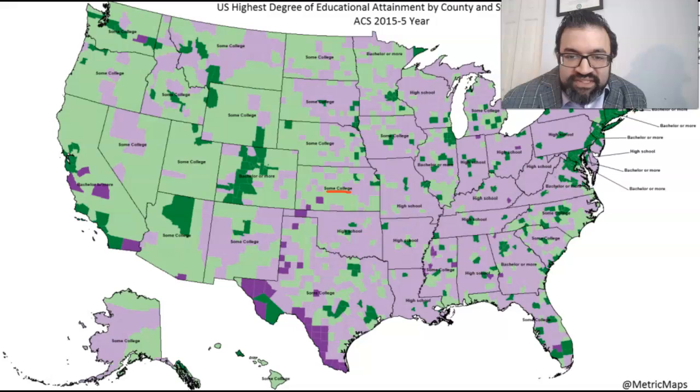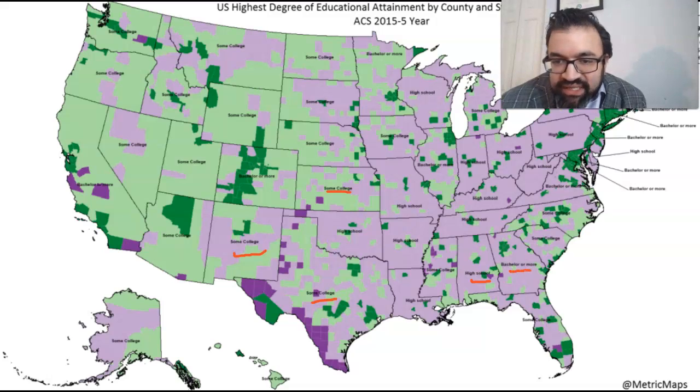If you look at New Mexico, there's some college, down here. Texas has some college. But when you look at Alabama, there's high school. In Georgia, there's bachelor's degree, but then of course South Carolina, some college.